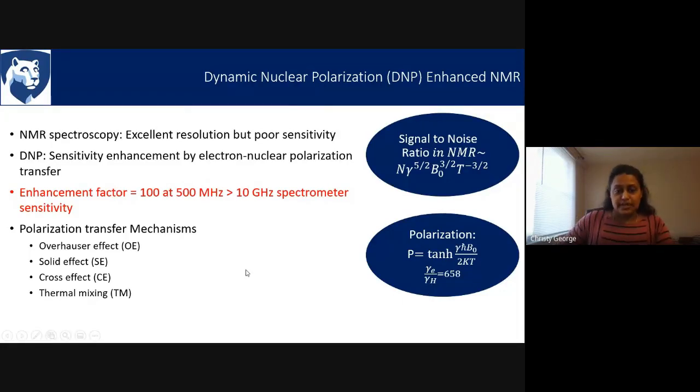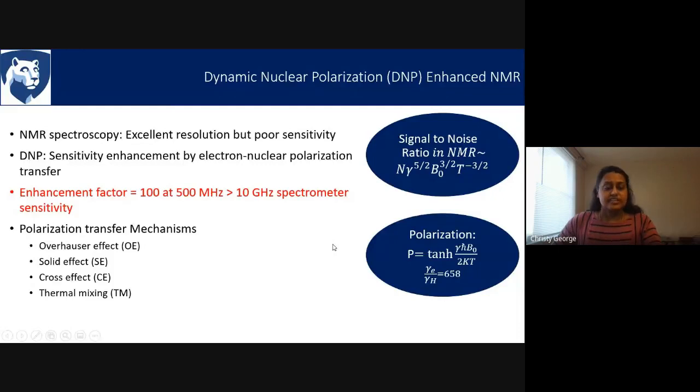Now, to achieve this electron to nuclear polarization, we dope the sample with a radical which has a paramagnetic free electron, which can give rise to an EPR spectrum, and then irradiate the sample with microwave so that the EPR transition is excited, and then transfer the polarization from the electron spin to the nuclear spin.